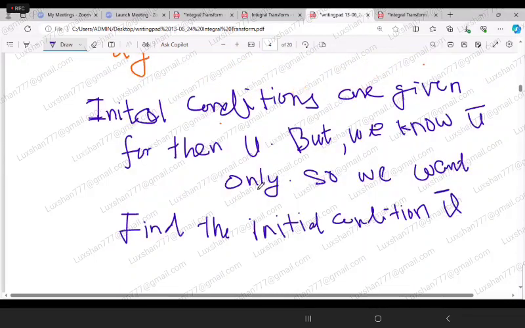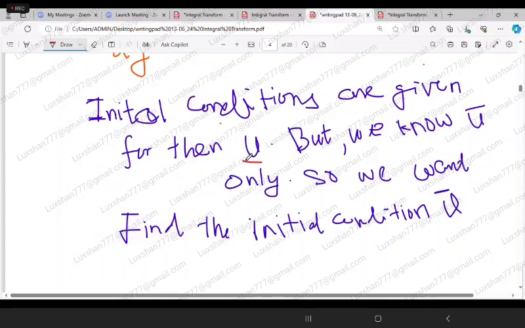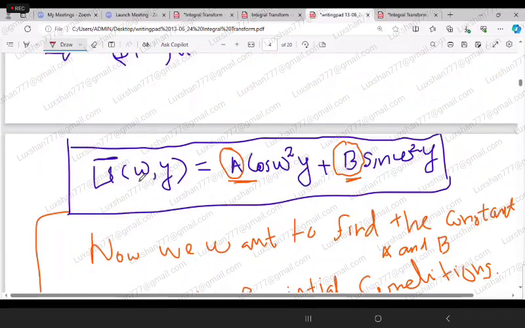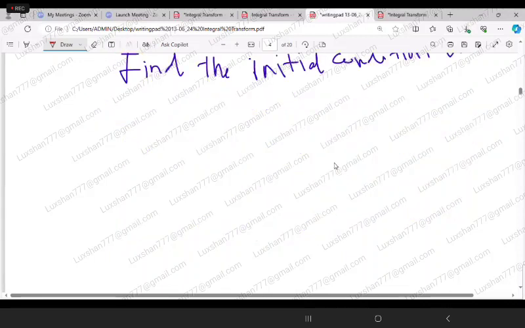Actually, initial conditions are given for u only, but the function we have here is u bar. Therefore, we want to convert the initial condition to u bar. So what does u bar mean? It is the Fourier transform of this function. Therefore, we want to consider the Fourier transform.